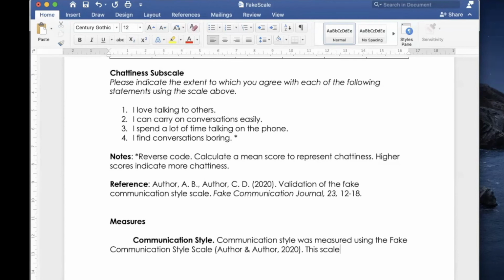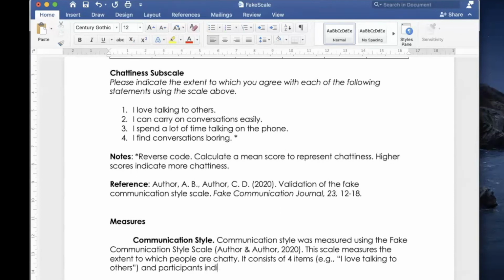This scale measures the extent to which people are chatty. It consists of 4 items, and you could say an example item is "I love...", and participants indicate their agreement using a 7-point Likert scale. So you'd say 1, do not agree, to 7.